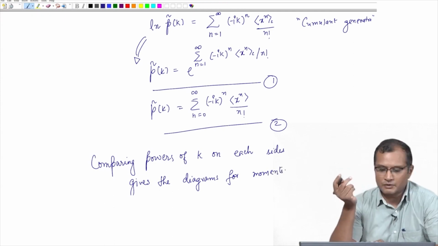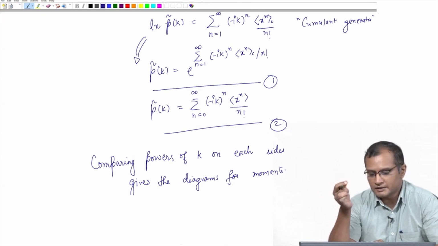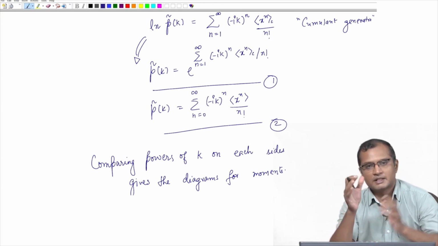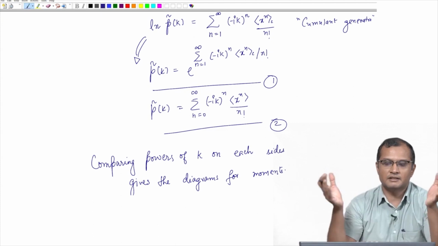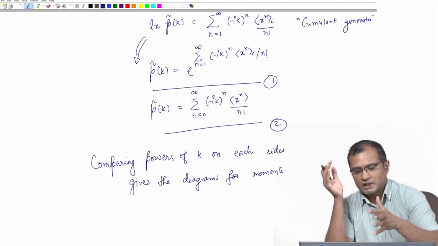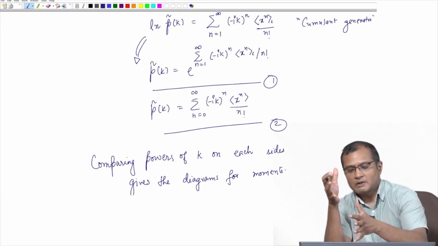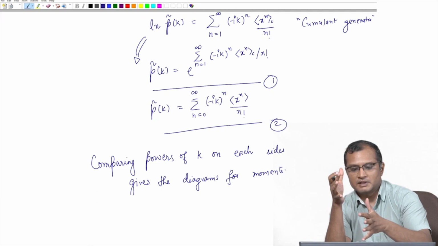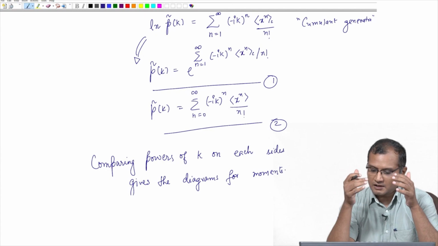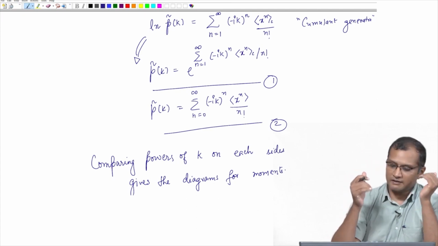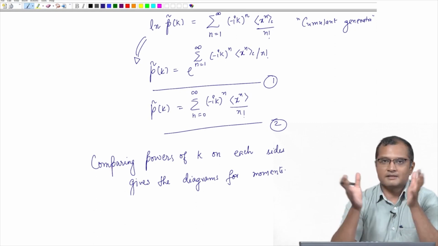You expand e raised to x in powers of x, and on the other side you already have a series expansion. From either side you pick up terms of like powers of k, and on one side you will have coefficients in the form of cumulants from equation 1. It is e raised to some x, where x is given in terms of cumulants, and on the other side you will have a summation of terms all grouped as moments.